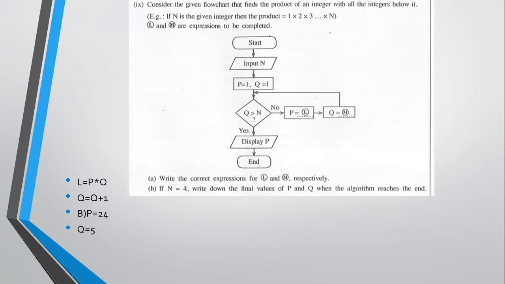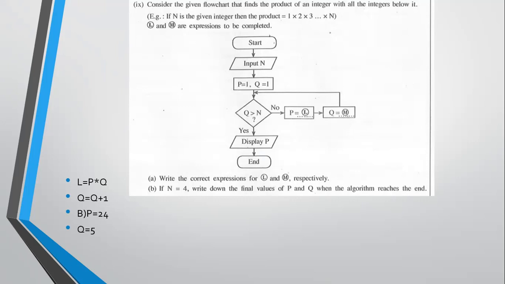Ninth one, consider the given flowchart that finds the product of an integer with the integers below it. The product means you need to multiply. If n is a given integer, the product is 1, 2, 3, multiplied up to n.